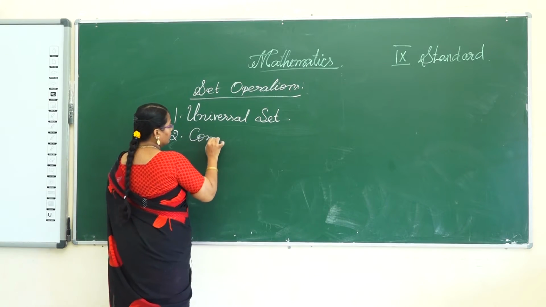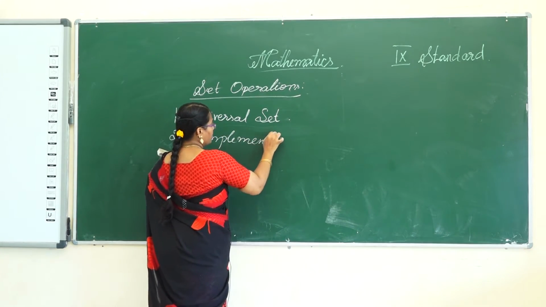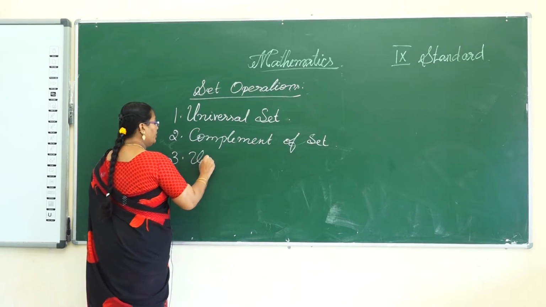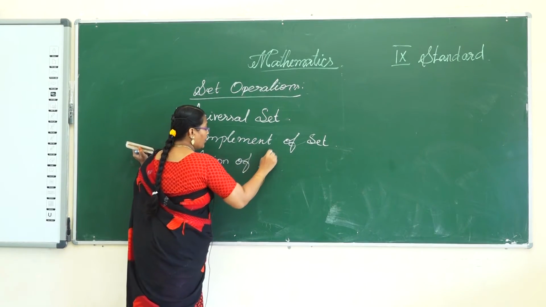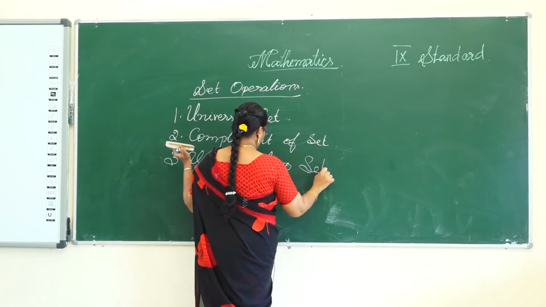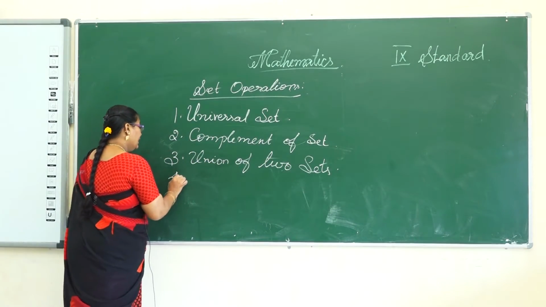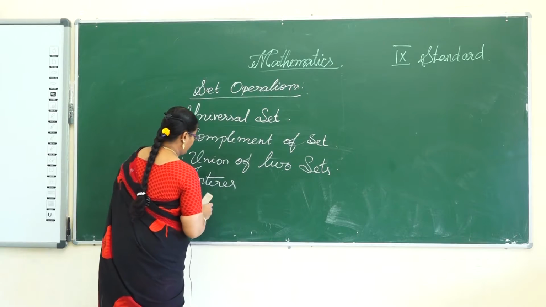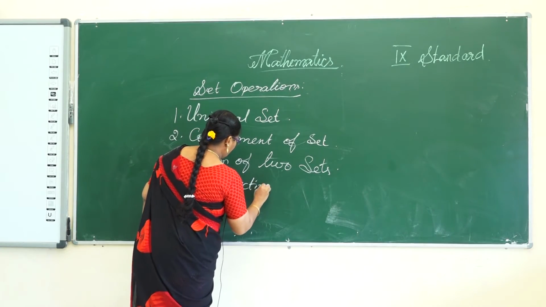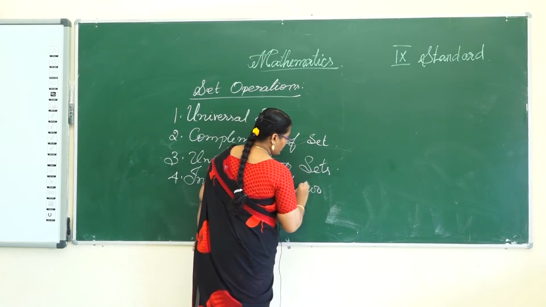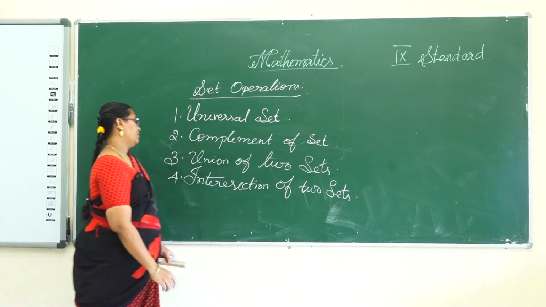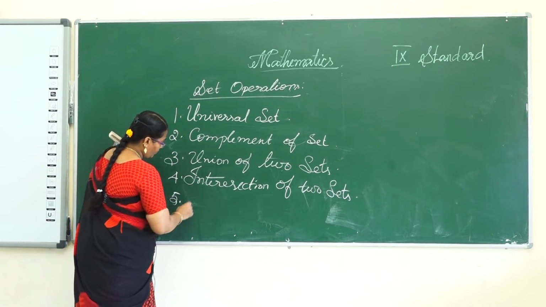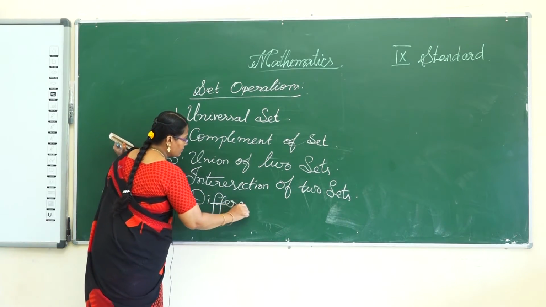Third one, union of two sets. Fourth one, intersection of two sets. Fifth one, difference of two sets.